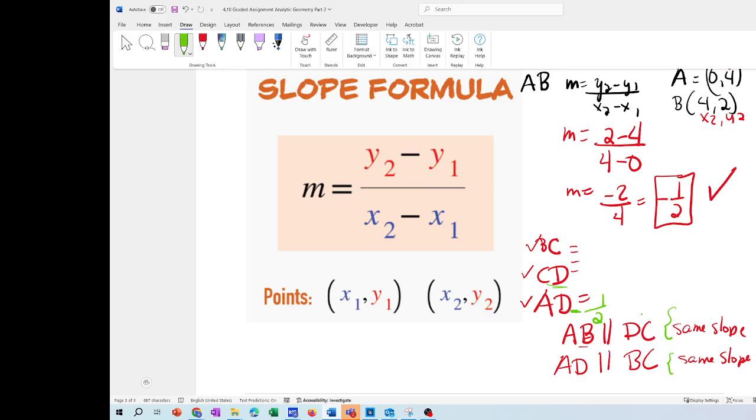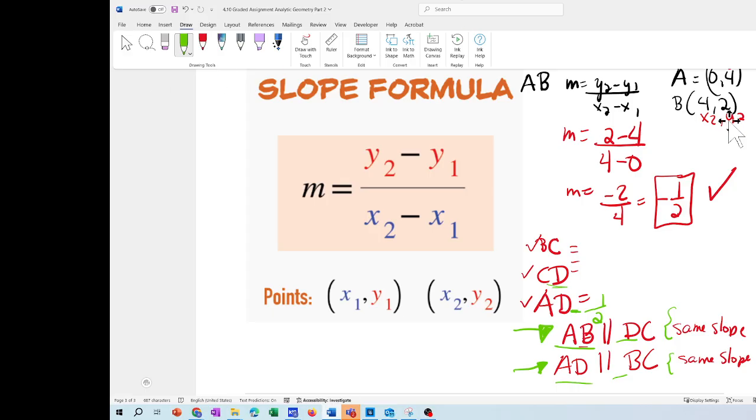And AD and BC should give you another slope that is not the same as negative 1/2. So these two the same, AB and DC, and AD and BC another slope that should be equal. You should have two answers the same and the other two answers the same. If all of them are different, even reciprocal, opposite, then that means that they're not parallel.